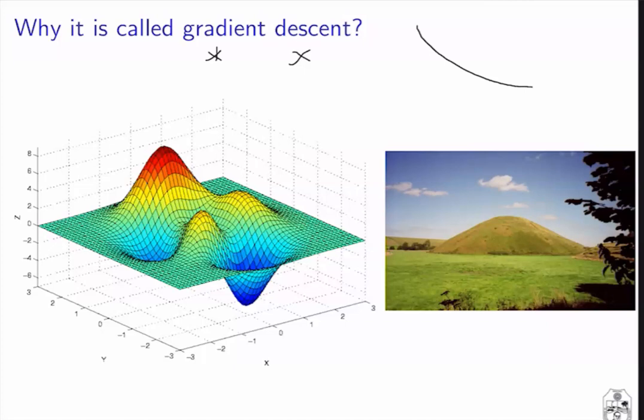Suppose you plotted a graph with error on the z axis, and on the other axes you have taken the slope and intercept, beta 1 and beta 0. You will get a three-dimensional graph like this, and this graph corresponds to a hill.